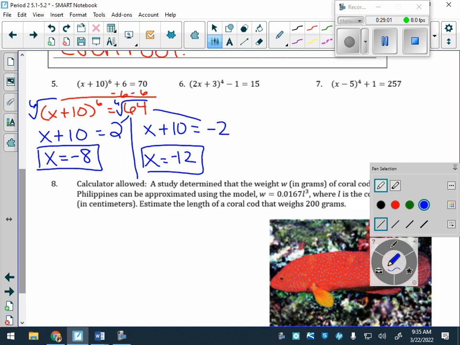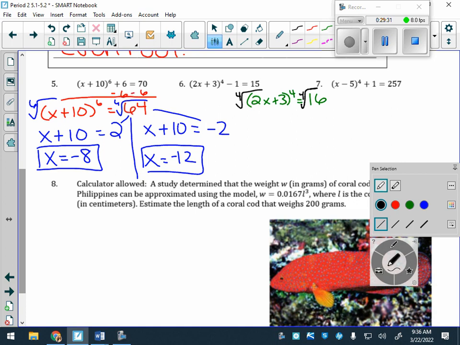What do you have to do first? Add the 1. Good. Then what do we do? Take the 4th root.